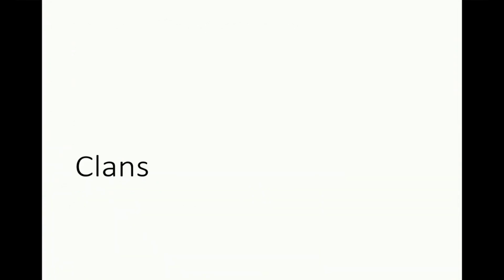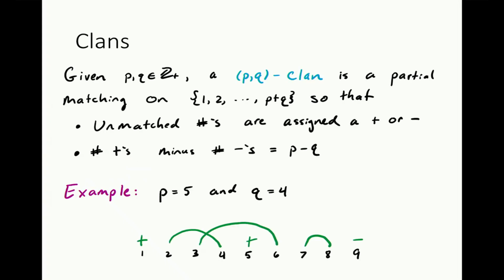So first of all, we have to talk about what these PQ clans are. Clans are just a fancy way of saying that we have a partial matching. Usually we have a P and a Q floating around, so a partial matching on 1, 2, up through P plus Q. The unmatched places get assigned either a plus or a minus, with the condition that the number of pluses minus the number of minuses is P minus Q. An object like this is called a PQ clan.